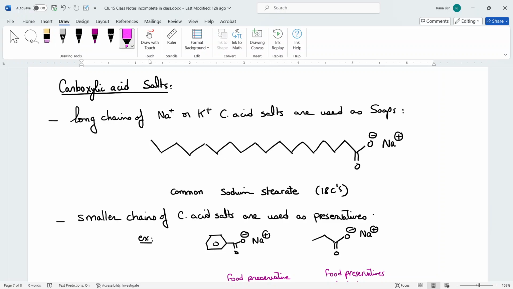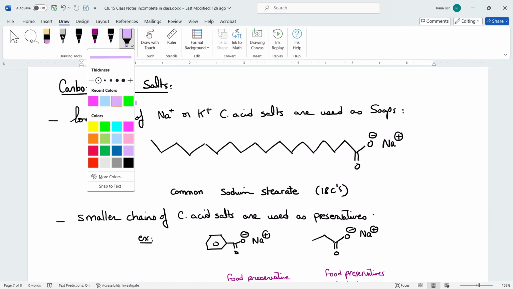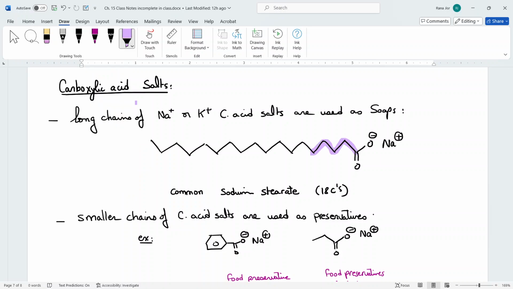If you want to go ahead and name this soap molecule, because you can see that it is made up of 18 carbons here, then the name is going to be, it's soap, right? So I'm going to start with the sodium. So that is going to be sodium in there. And I am naming this as IUPAC.